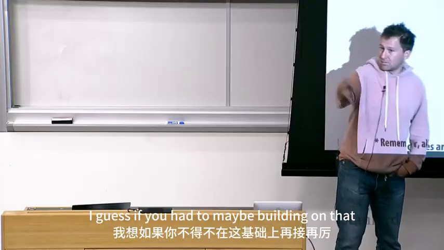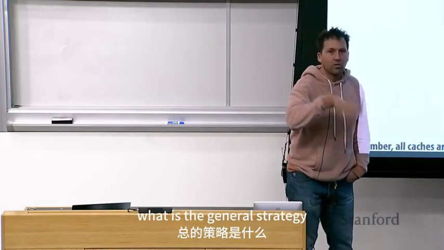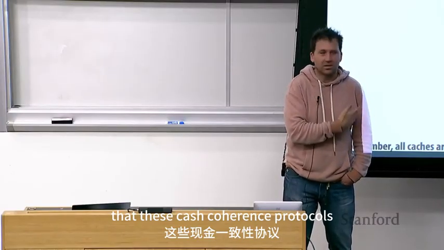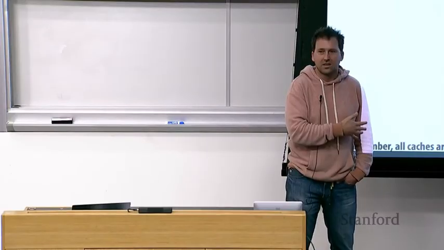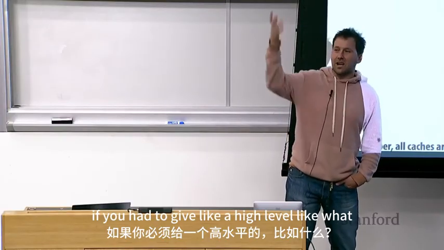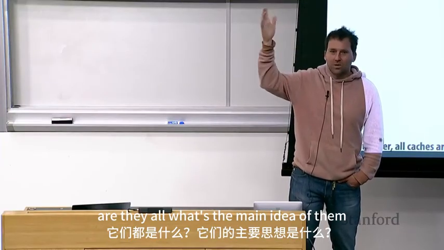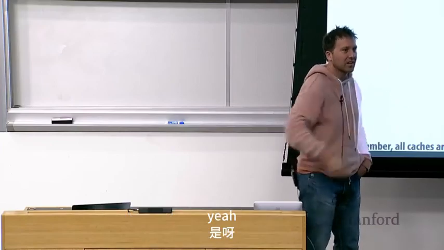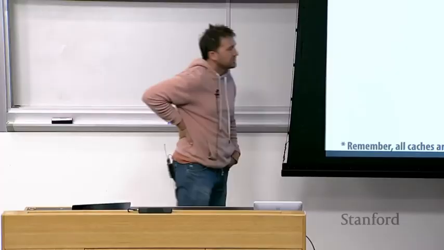Building on that, what is the general strategy of these cache coherence protocols that Kunle talked about? What's the main idea of them? Or what are some of the key principles? Like what does this diagram even mean? One was multiple readers, single writer.